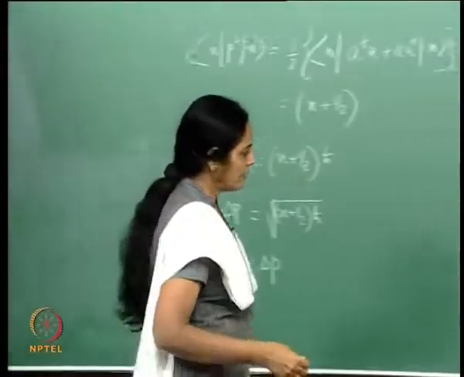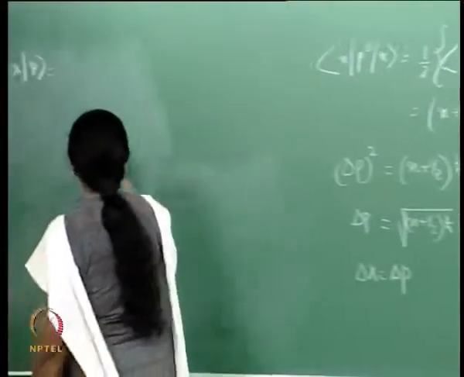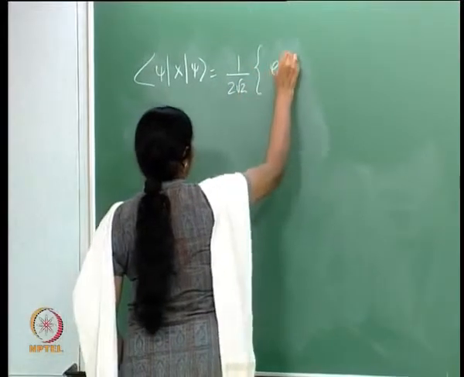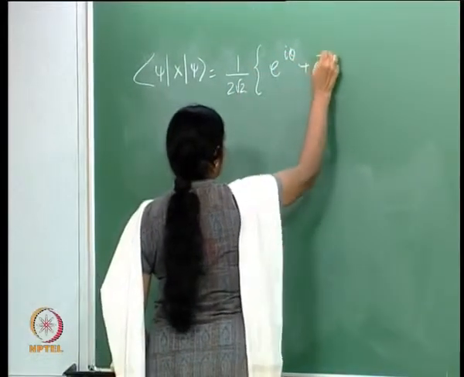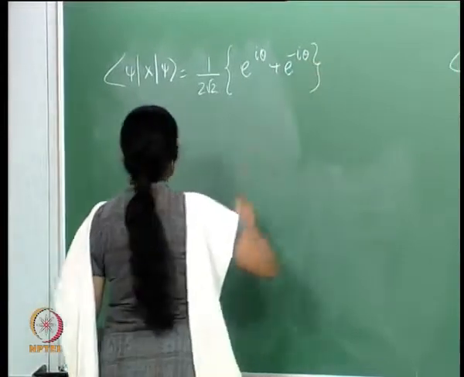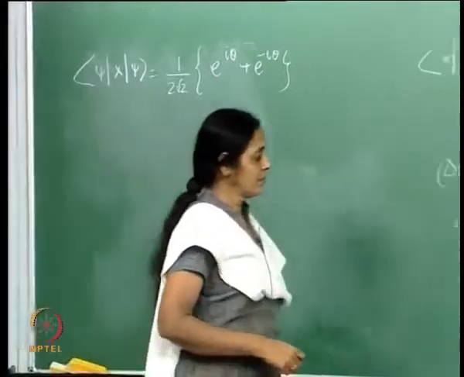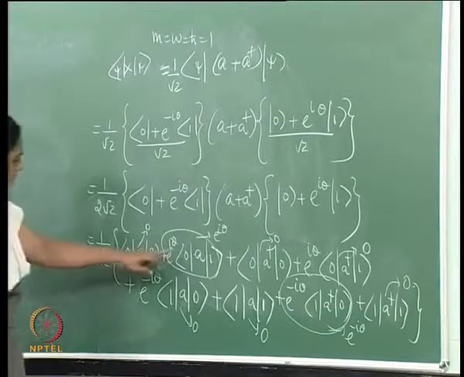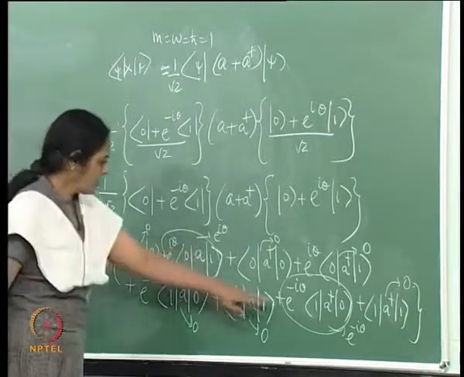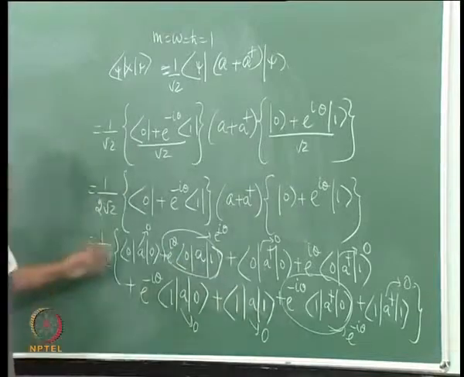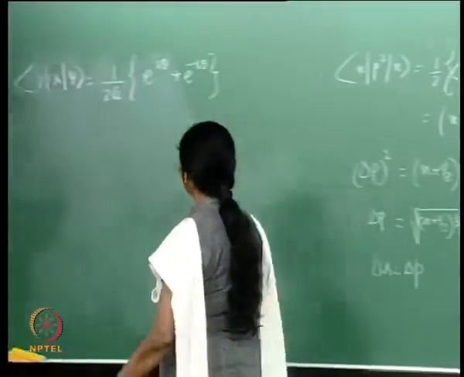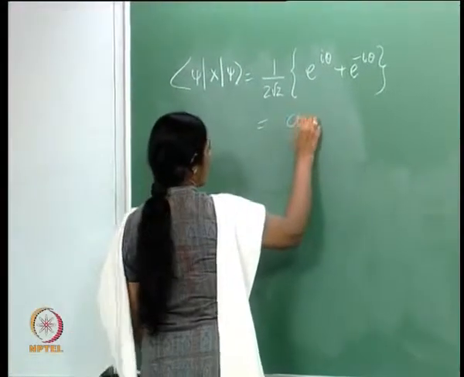This object is 1 by 2 root 2 times (e to the i theta plus e to the minus i theta) and that is what I have. There was an e to the i theta here and there was an e to the minus i theta there. The whole thing is multiplied by 1 by 2 root 2. So, this is just cos theta by root 2.